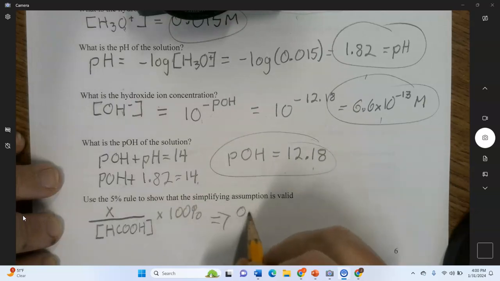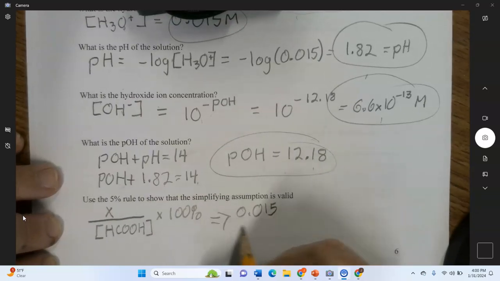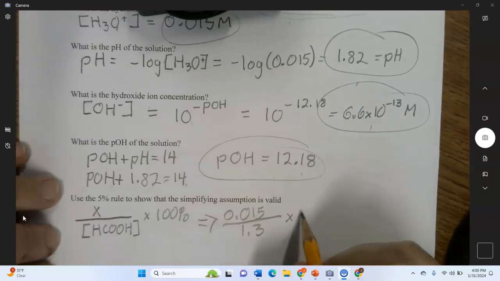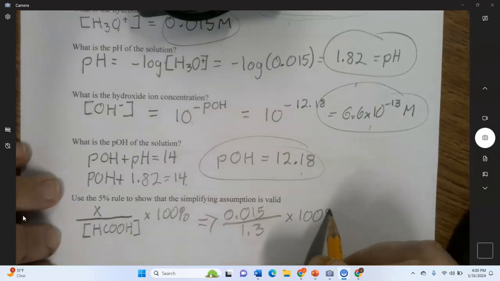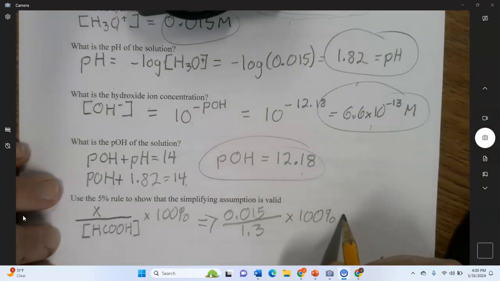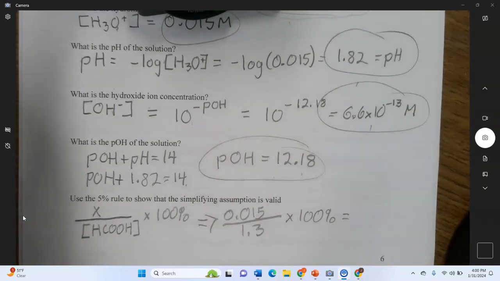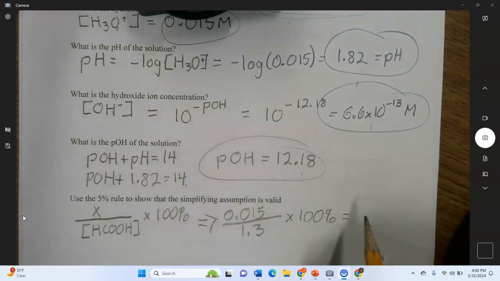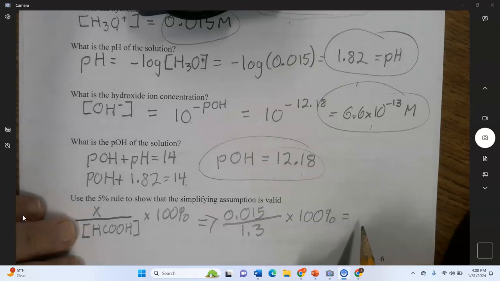Okay, so let's come over here and do that. So it's 0.015 over 1.3 times 100%. You just multiply it by 100 and then slap a percent sign on at the end. So let's see what that gives us. And that equals 1.15 is what I'm getting. 1.15%.